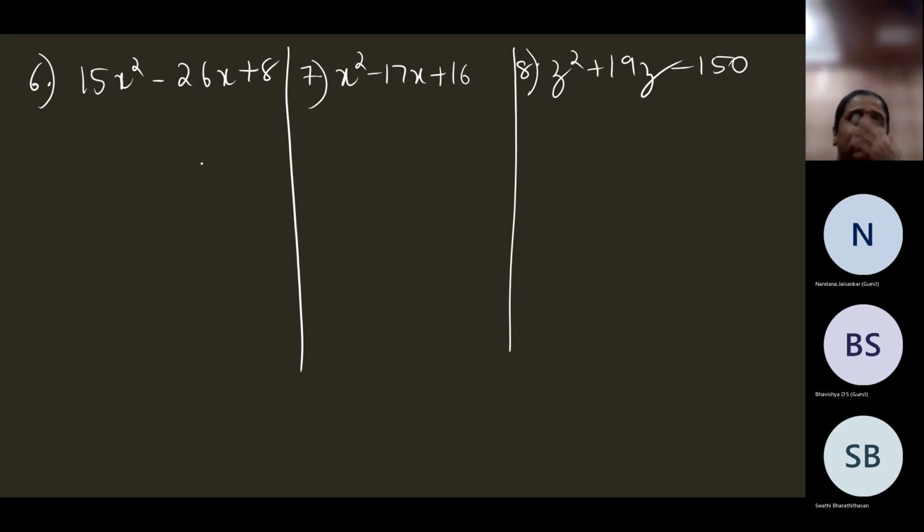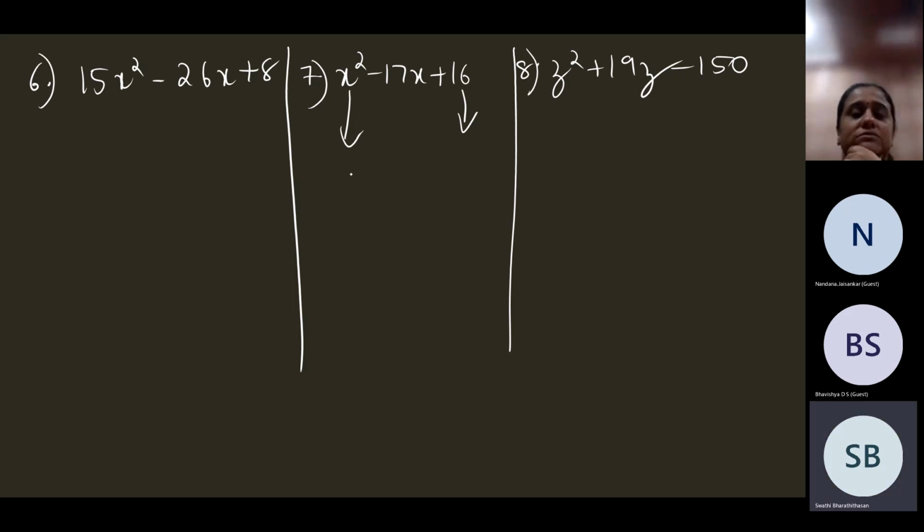So here is 15x square and 8, are they perfect squares? No, ma'am. And here is x square and 16, are x square and 16 perfect squares? Yes, ma'am. Okay, so this will be x the whole square and this will be 4 the whole square.